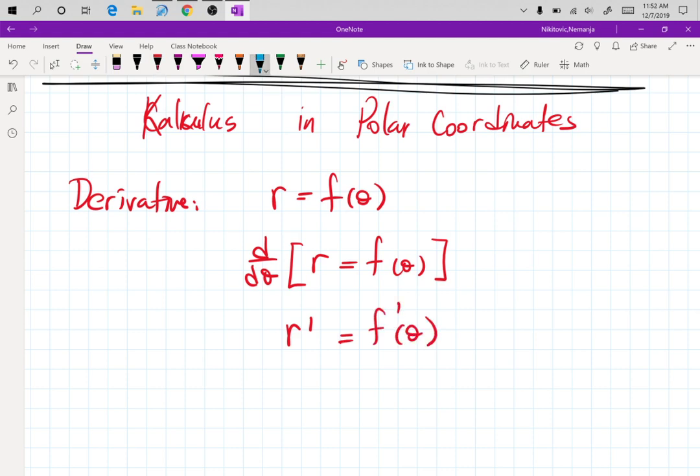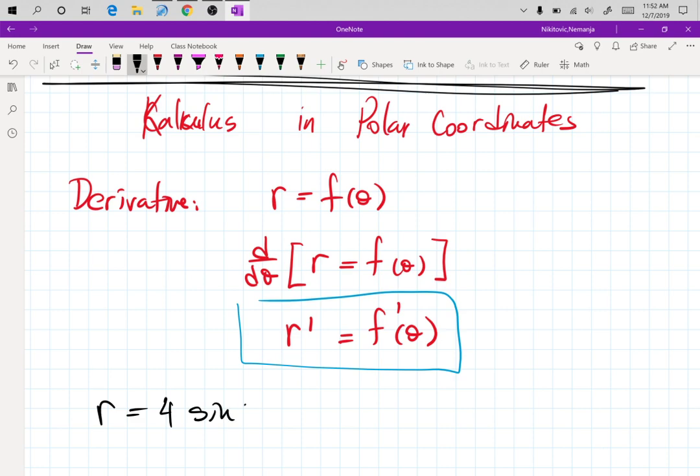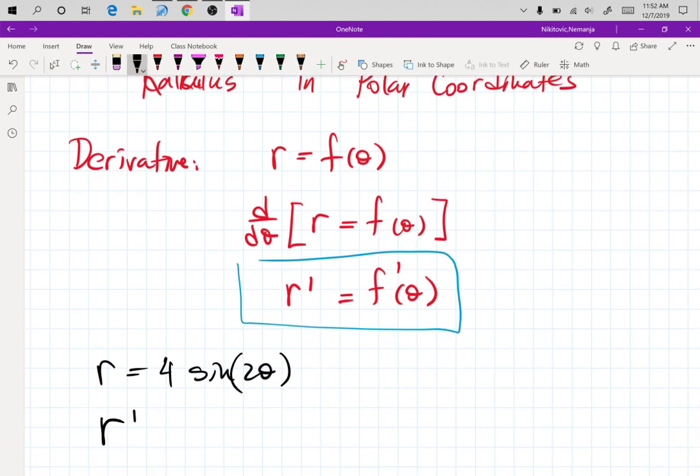That is the same as if you had your y and x. So if I have r equals 4 sine 2 theta, and I wanted to find r prime, I will just have the regular derivative you learned from Calc 1, nothing special.